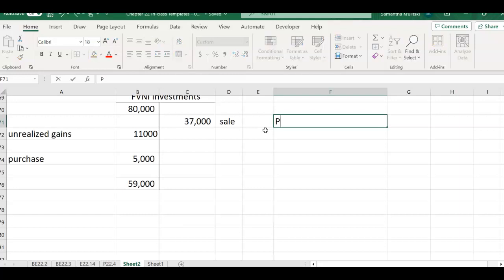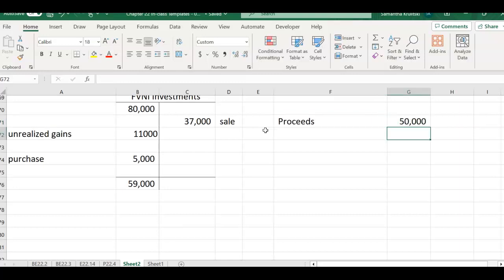If we read that narrative, it said our proceeds were $50,000. Well, what is the cash figure here? The cash figure is the proceeds that we actually received. And the purchase, our cash outflow relating to our fair value net income investments, is the purchase of this $5,000.